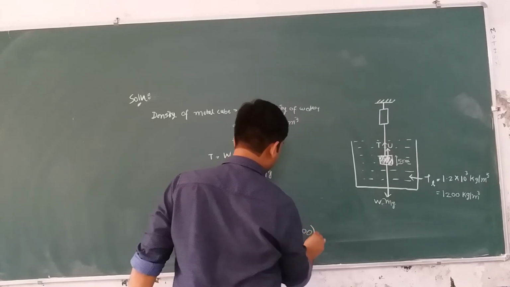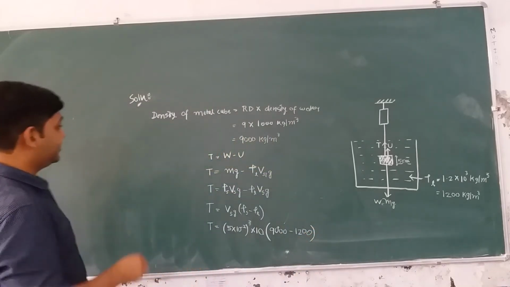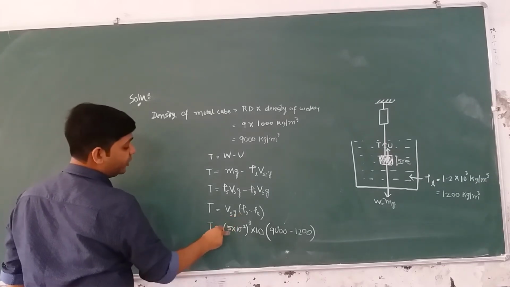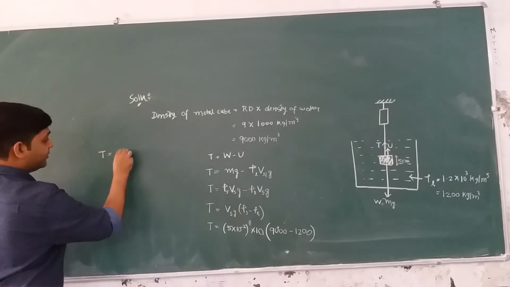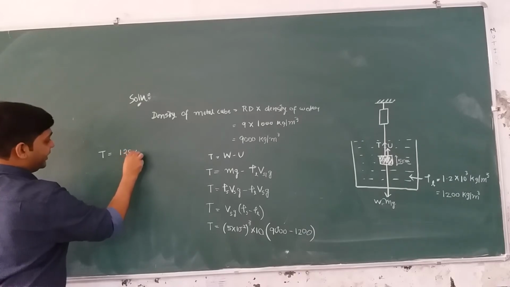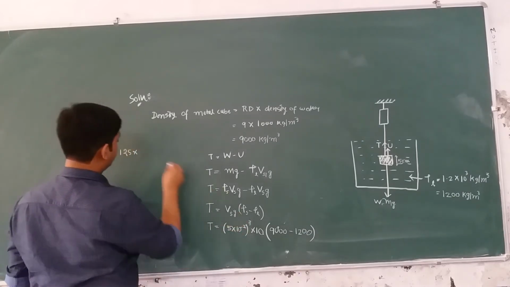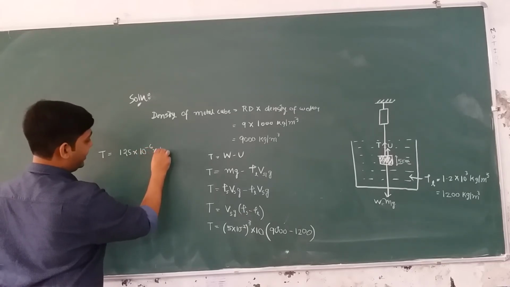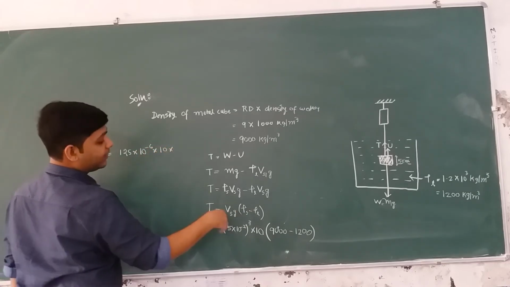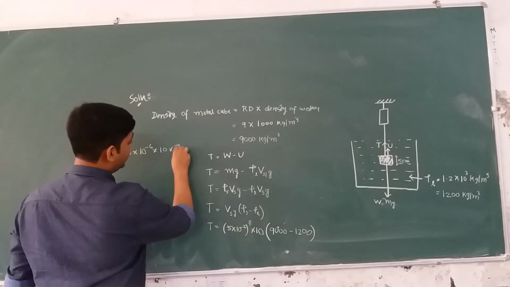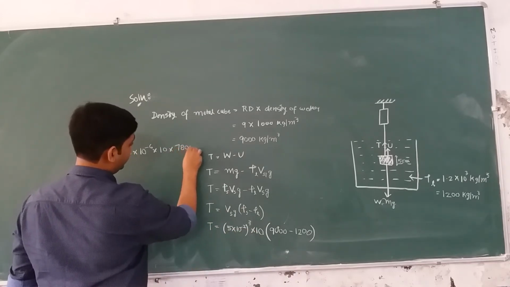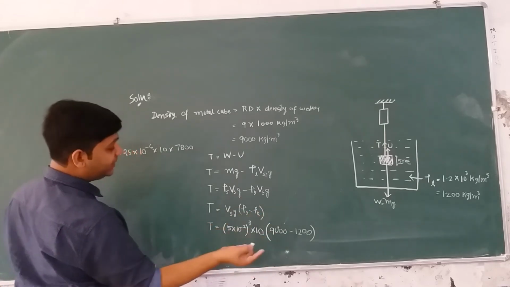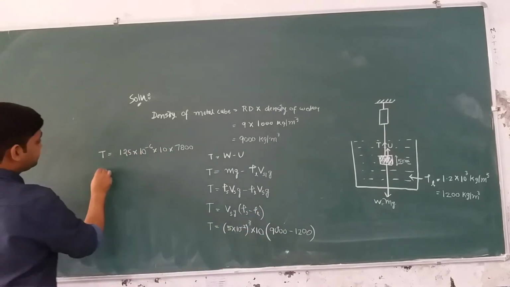Fine. Now we have to solve this. So T will be equal to 5 5s are 25, 25 5s are 125. So 125 multiplied by 10 raised to the power minus 6 multiplied by 10 multiplied by 9000 minus 1200, which will be equal to 7800. Okay? 9000 minus 1000 will be 8000, and 8000 minus 200 will be 7800. Fine.